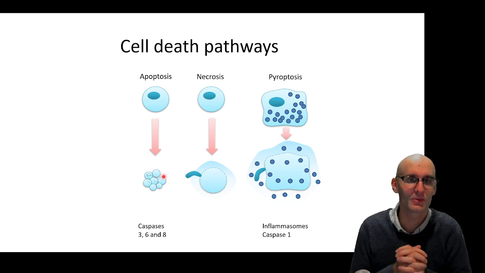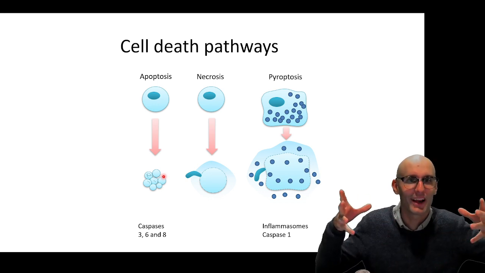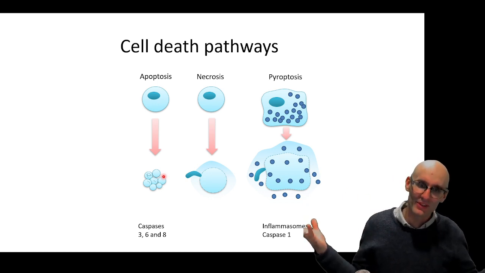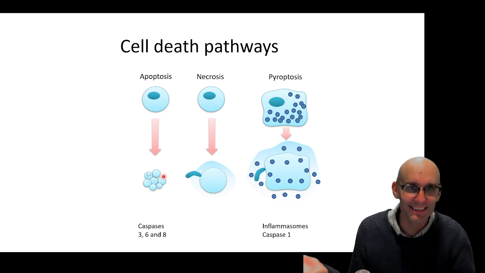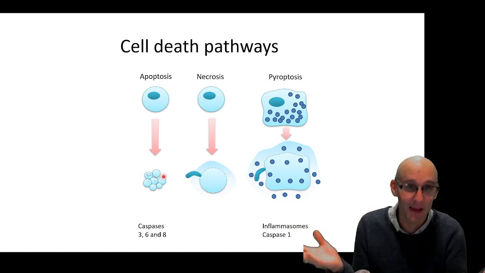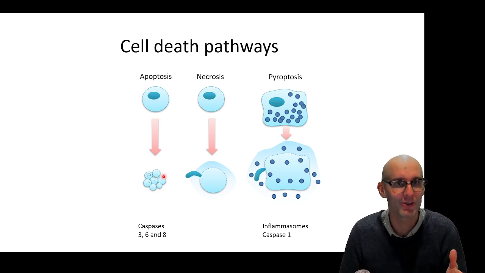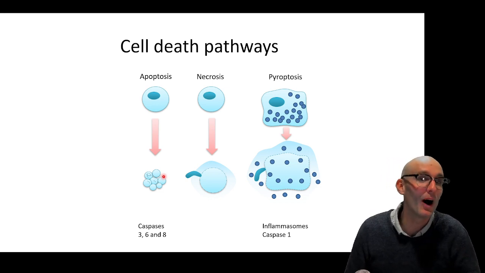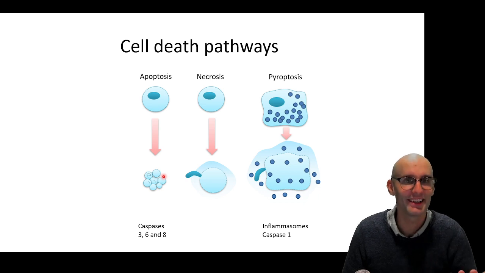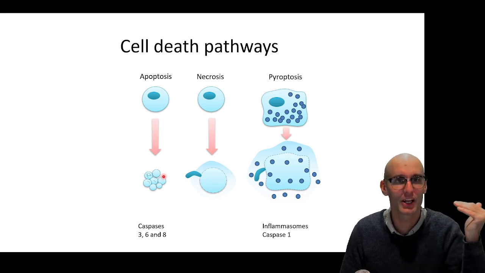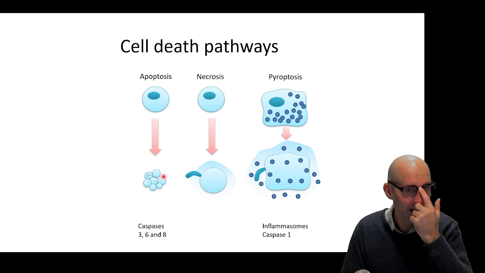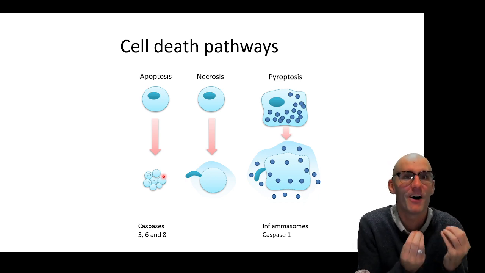Now, pyroptosis is when an immune cell fills itself up with cytokines and then pops. And when it pops, it releases the cytokine, a huge amount of it. And that's what happens with interleukin-1 beta. It's called pyro because interleukin-1 used to be called a pyrogen because it caused your body temperature to go up. It causes you to get a fever. So it's called pyroptosis because it's a fire.